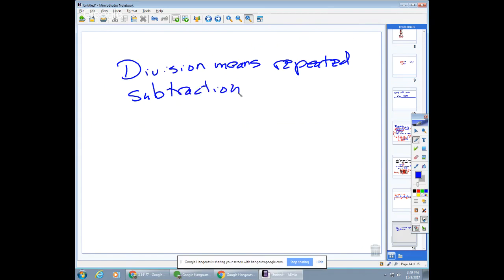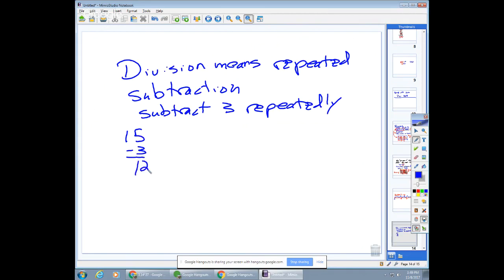So here we want to subtract 3 repeatedly. So 15 minus 3 is 12. And remember, it's okay to stack down, but we don't want to write it out lengthwise.